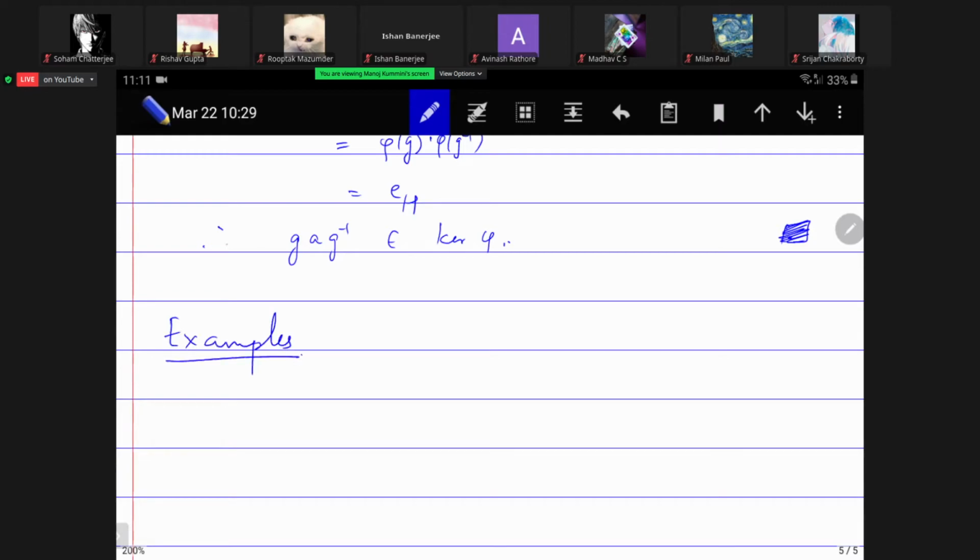Of course, the whole group G is a normal subgroup of G. That is sort of the definition itself. The subset containing just the identity element is a normal subgroup.